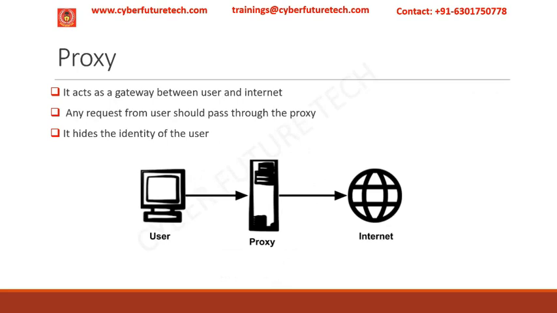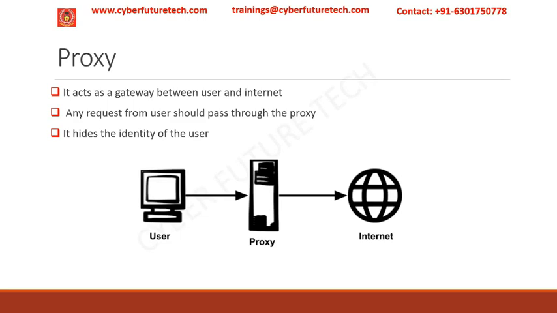The next one is proxy. A proxy server is commonly called as proxy that acts like a gateway between user and internet. Generally, when user browses a website, the ISP, Internet Service Provider, makes a request and the user device is connected to destination server or a website.